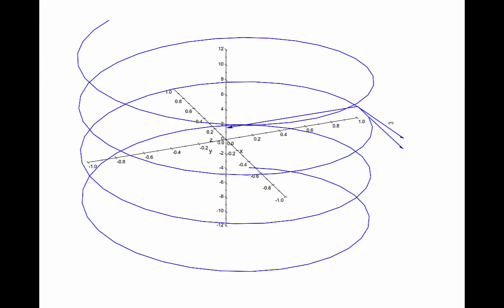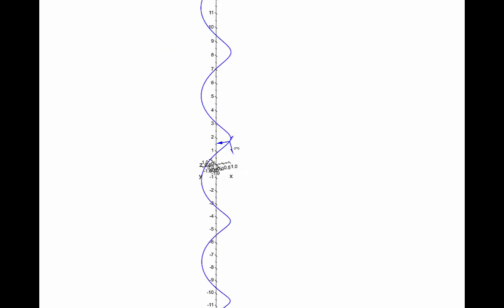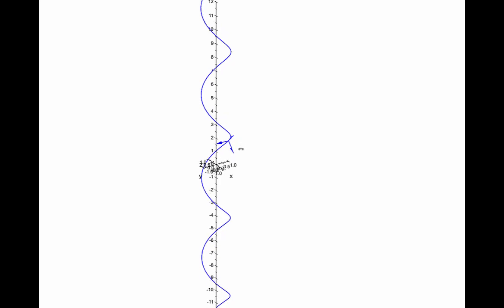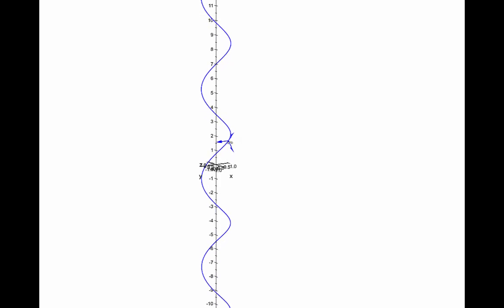So here the three vectors are at the point on the helix, and they don't look mutually perpendicular. I guess we have to take equal length along the axes. Okay, and here it is. So they give us three mutually perpendicular vectors. Let's zoom into this portion.